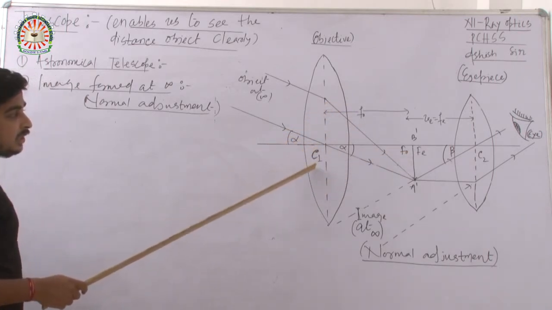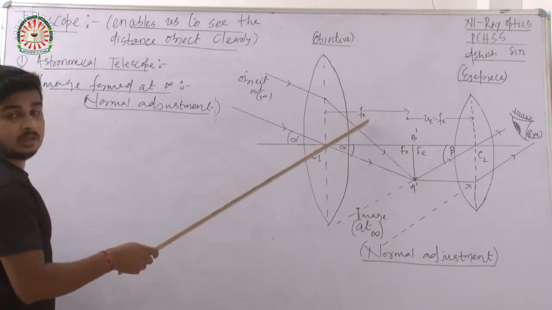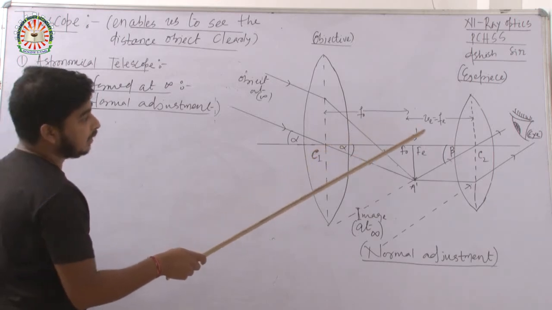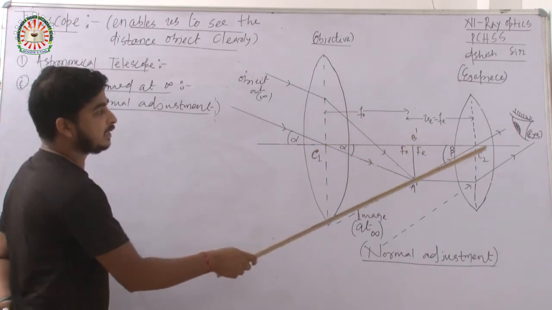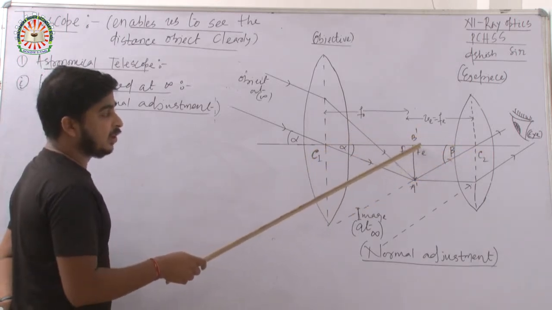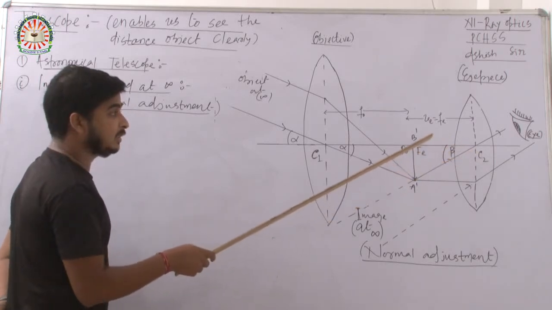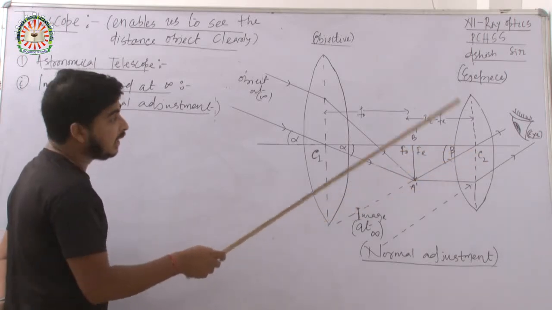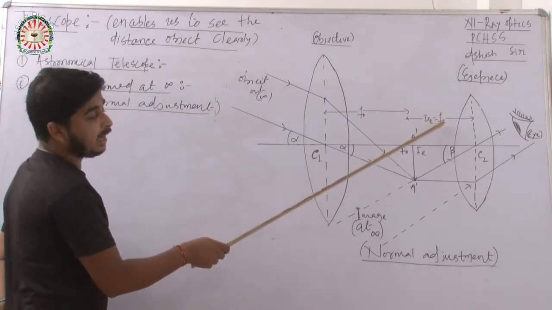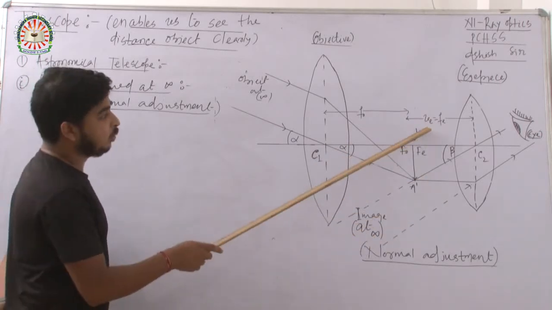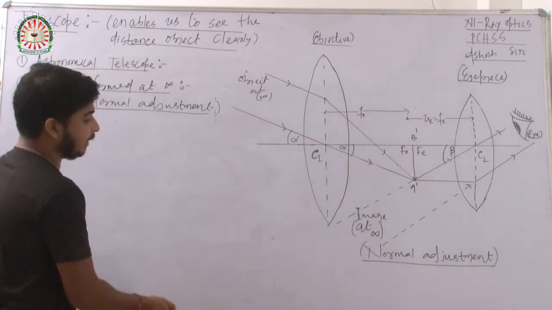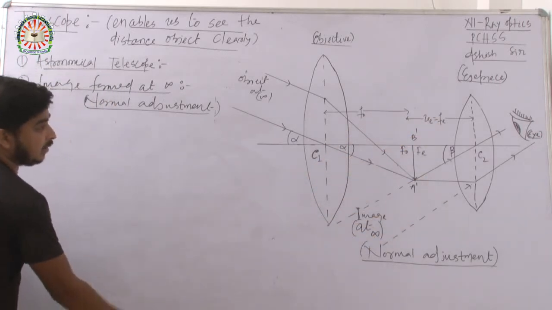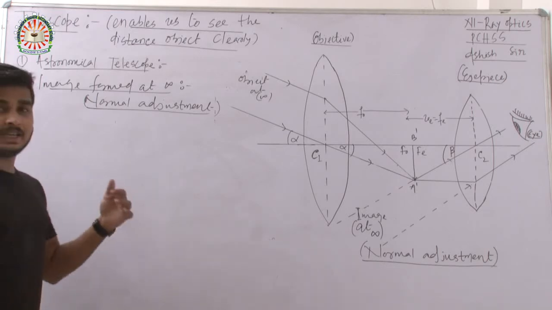The distance between C1 and FO is known as the focal length of the objective. The distance between B dash and C2 is known as the object distance, and this object distance for the eyepiece is the same as the focal length of the eyepiece. It means UE equals FE. So I think you got the ray diagram.